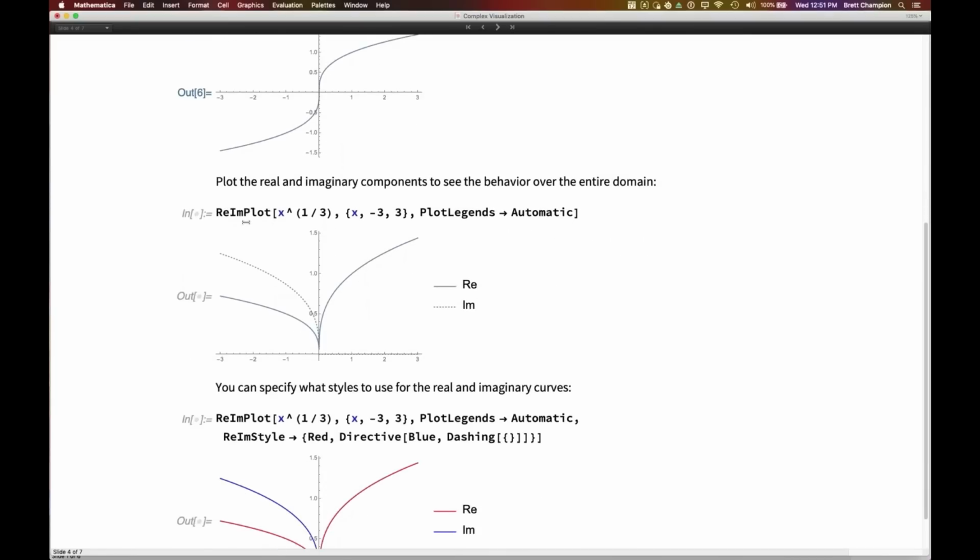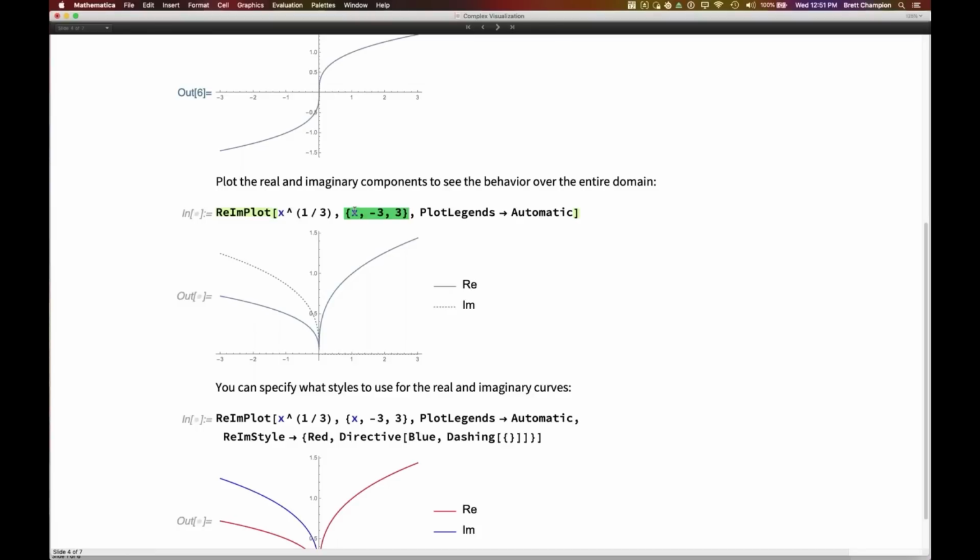And so reimplot is a hybrid visualization, reimplot and absarg plot, in that they are expecting the function to be complex valued, but we're plotting over a real valued domain.